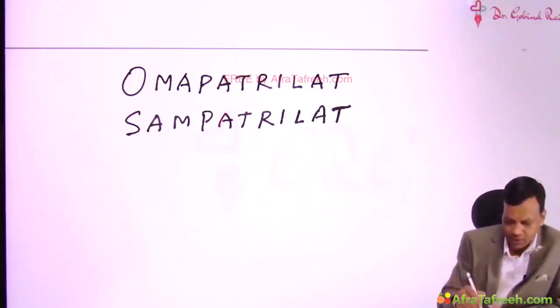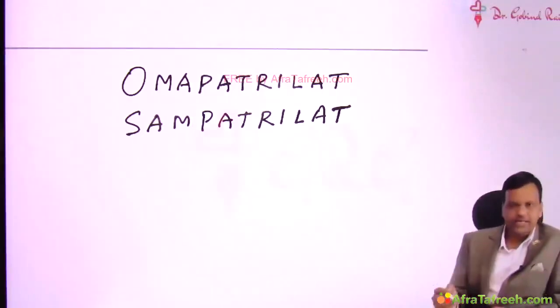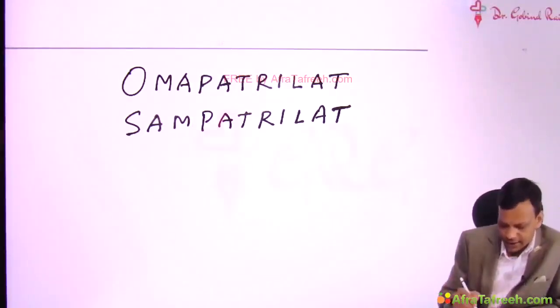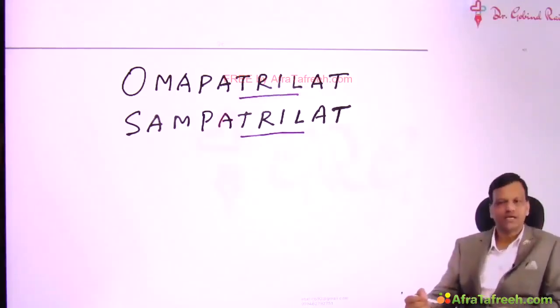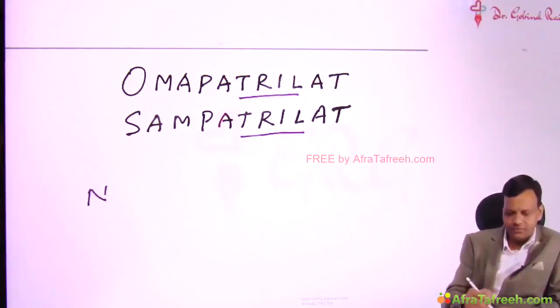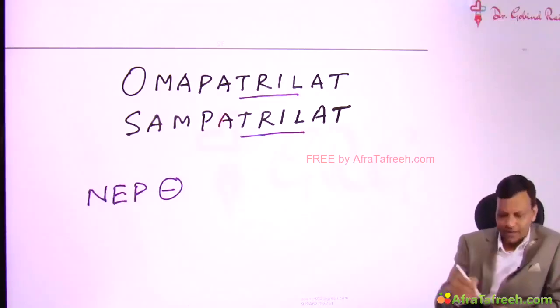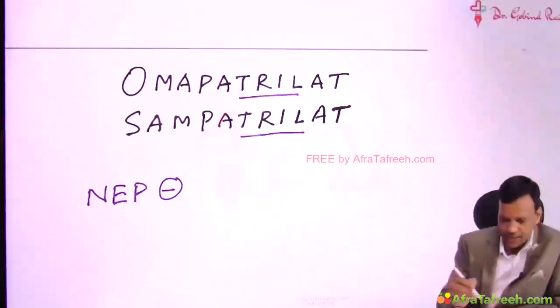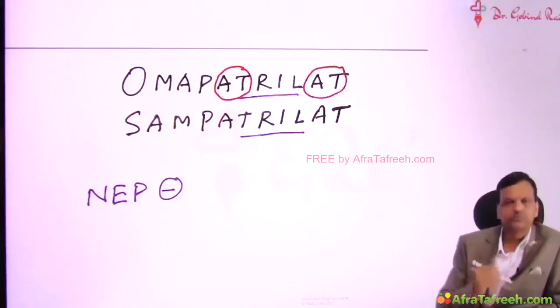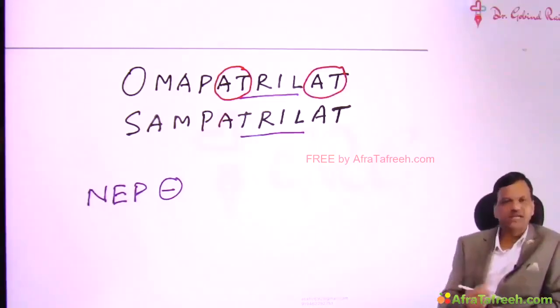And again, from the name you can remember these drugs. You can find that in the name they contain trill. So when trill is present in the name, it means they are NEP inhibitors. Now if we see the name again carefully, we will find that the name contains 'at' at two places. So these two 'at's will cancel each other.